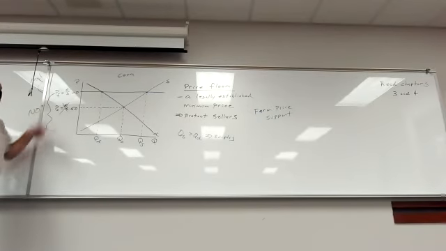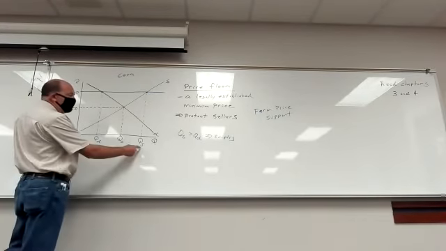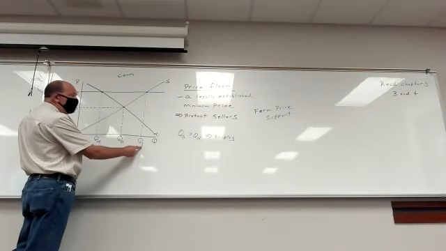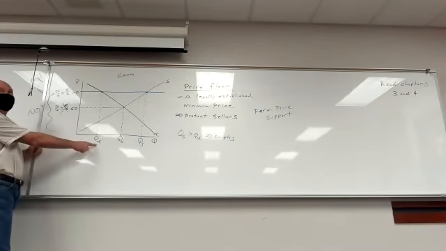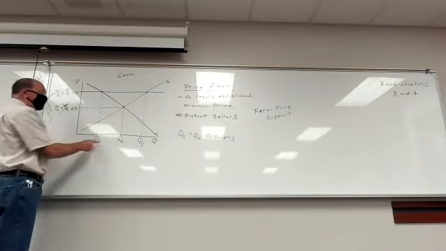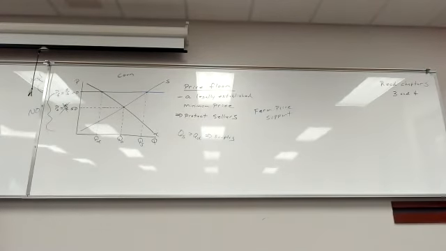But the problem is they may be willing and able to sell this much corn, but how much are they actually selling? This down here. So they're actually selling less than what they were, even though the price is a little bit higher than what it was before. So in all honesty, if the government simply left it this way, the farmers really wouldn't be better off than they were before.